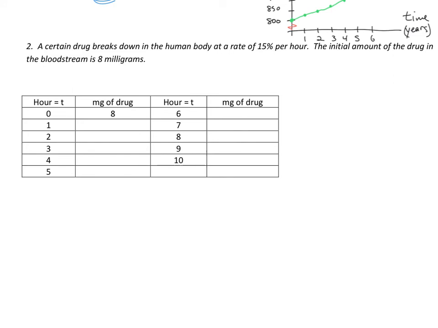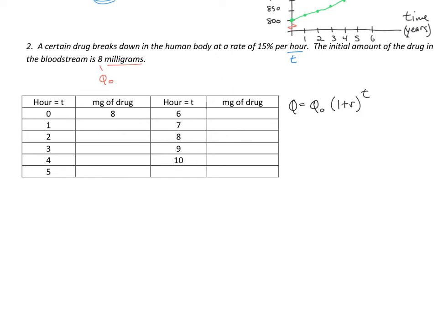So our Q sub 0 is 8 this time around, in milligrams. And we will still be using T, but T this time will be in hours. So our equation is Q equals Q sub 0 times (1 plus R) to the T power.